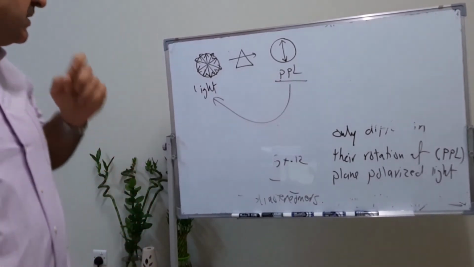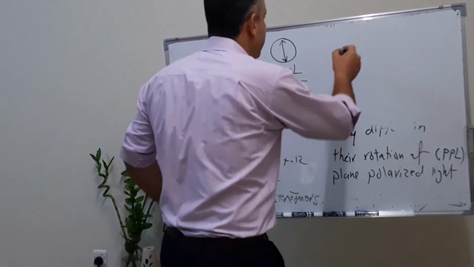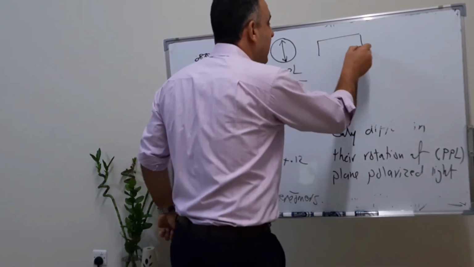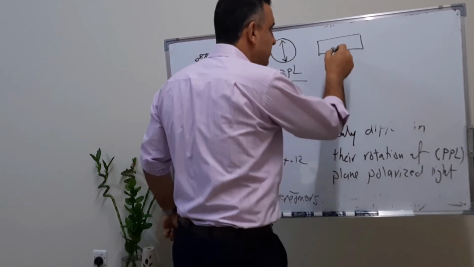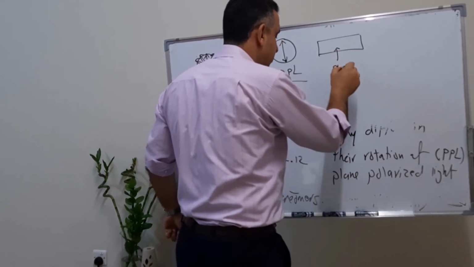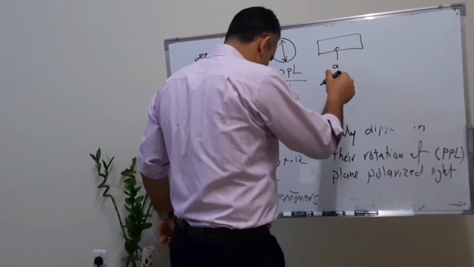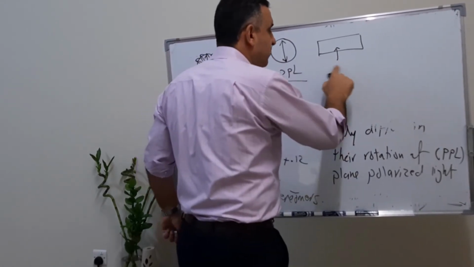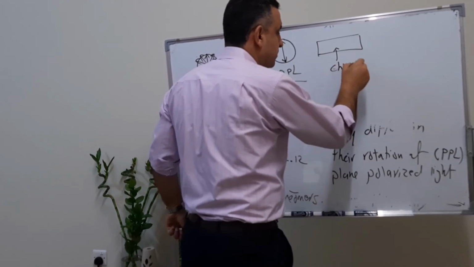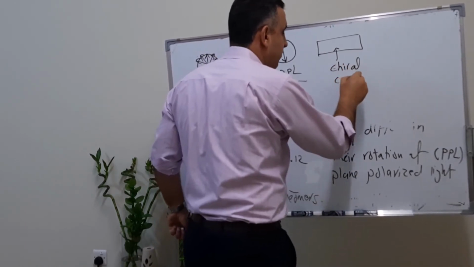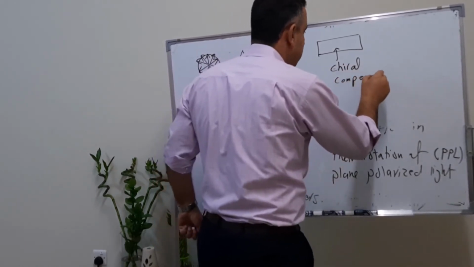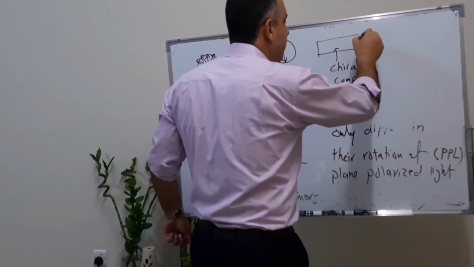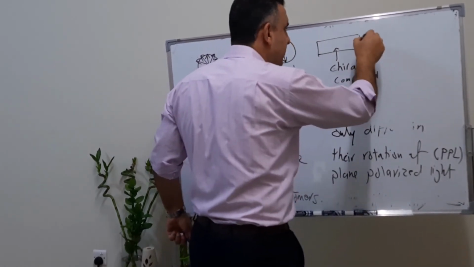So in this case, if we allow this plane polarized light to pass through a sample or a container containing an active, chiral compound, one of the enantiomers, this light will be rotated a little bit.